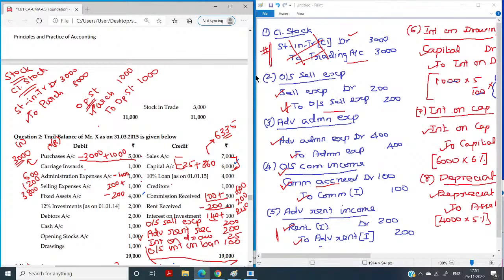Some of the purchased items could be available in the next year, which is nothing but closing stock. To the extent of purchases available for the next year, it is a real account and asset. To the extent of purchases now sold off, it is not an asset and is a nominal account. That's the predominant confusion we most probably will have.